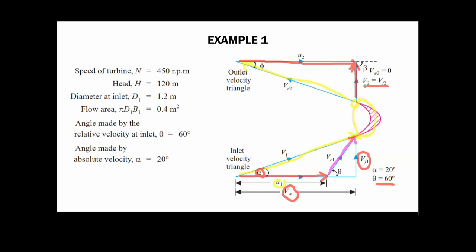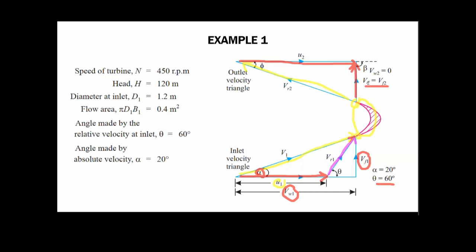Okay, if the angle at the exit is equal to 90 degrees, then v2 is equal to vf2. Okay, and vw2, which is the horizontal component of v2, is 0 because v2 is in the straight y axis, okay, or z axis.